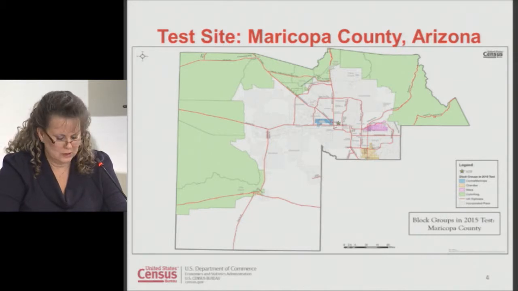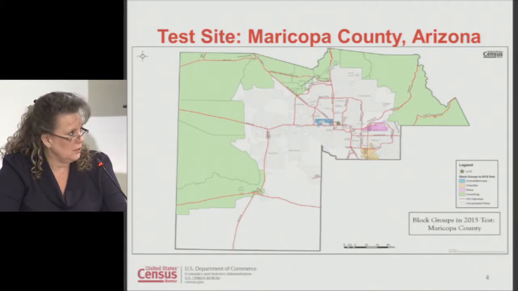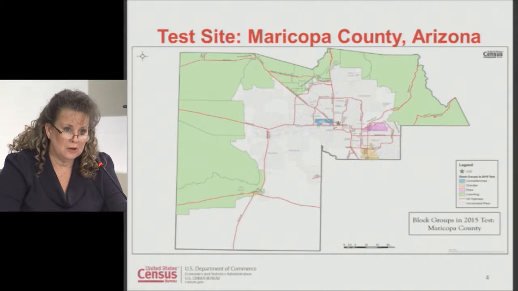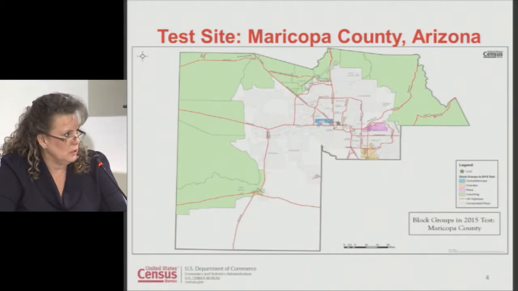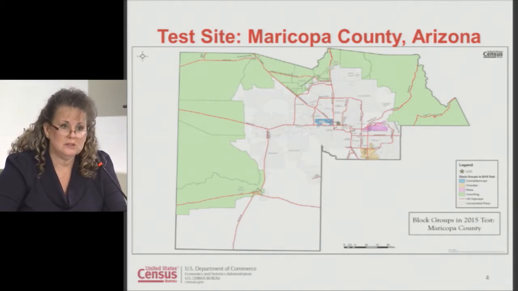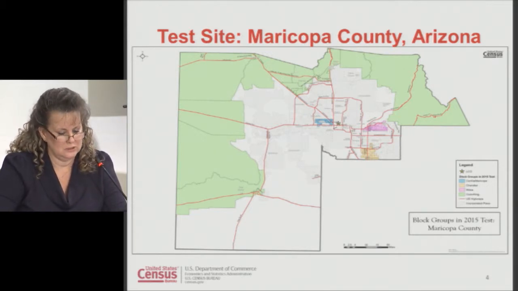The block groups that are located in the cities of Chandler and Mesa, shown in yellow and pink respectively, were identified as areas that had higher 2010 census response rates and tend to have lower mobility. And the block groups in the outer ring on the northern border of Maricopa County, shown in green, were selected to allow us to test in more remote locations.